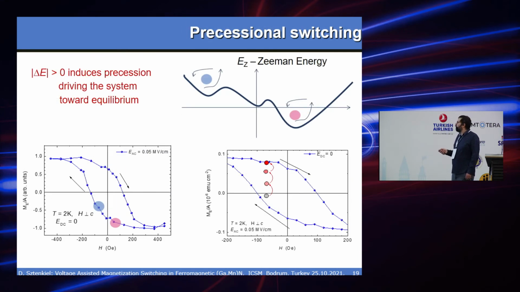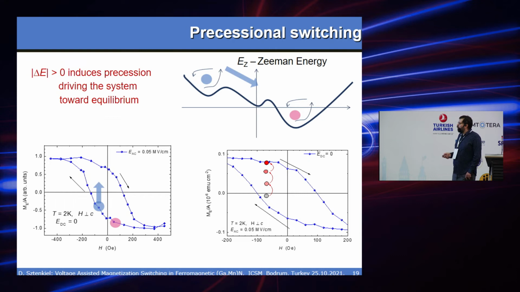Of course, at this point it is not possible to switch the magnetization. The explanation is here. So again, this is the magnetoelectric signal. We can switch magnetization. We can stop here or stop here. And the switching is possible only at this point, when the Zeeman energy is positive, because at this point the magnetization is antiparallel to the external magnetic field.